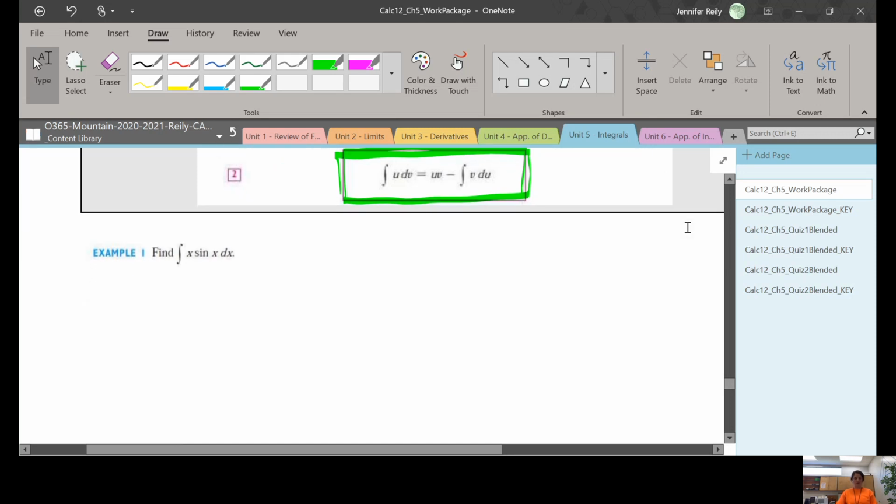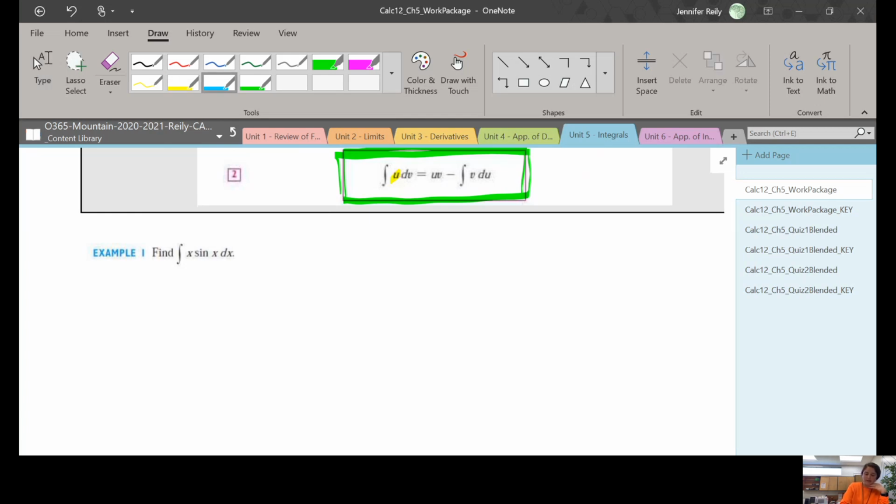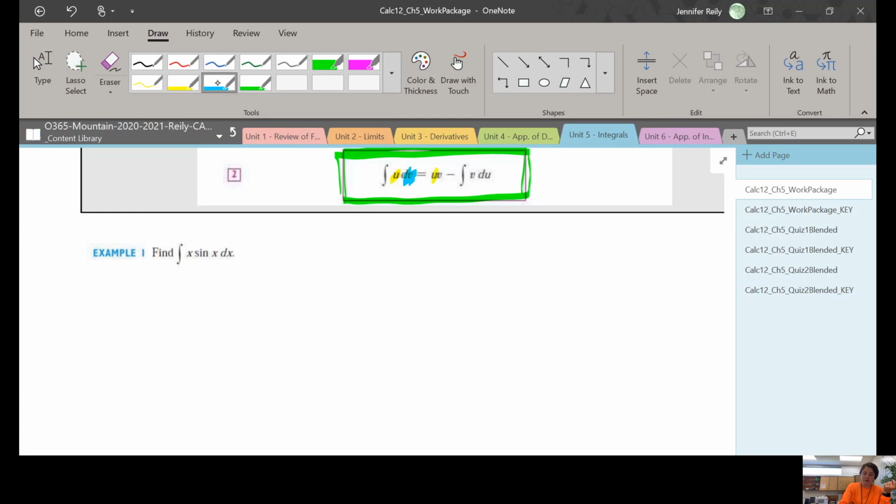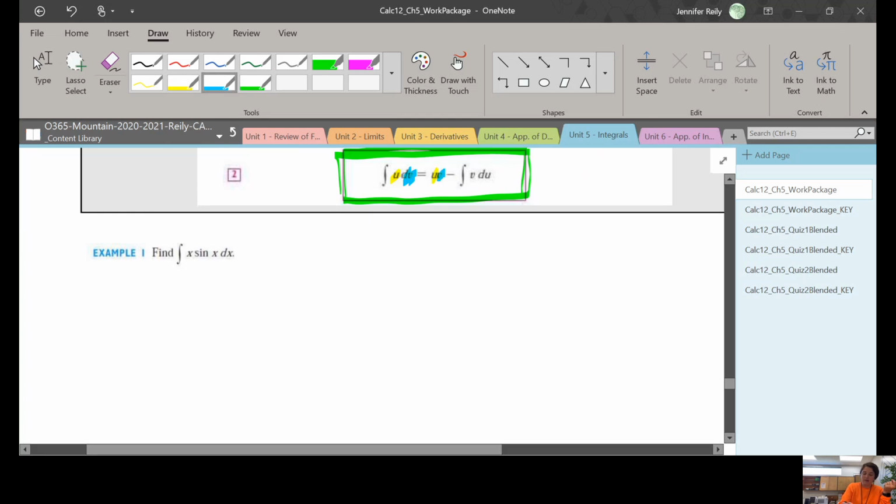So what you do basically is if you have an integral of a product of two terms, for example, u and dv, then you can solve it, and it's equal to u times v minus the integral of v times du. I'll show you what I mean by that in the example.